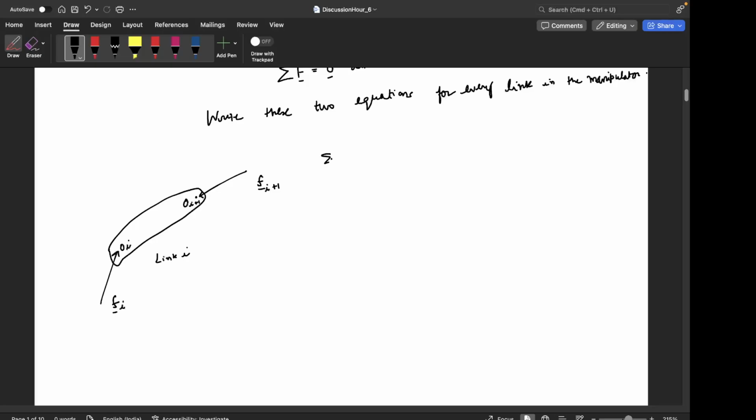Now doing sigma F equal to 0 for link i gives us Fi plus the opposite of the force that link i applies on i plus 1, and the sum is 0 due to static equilibrium.